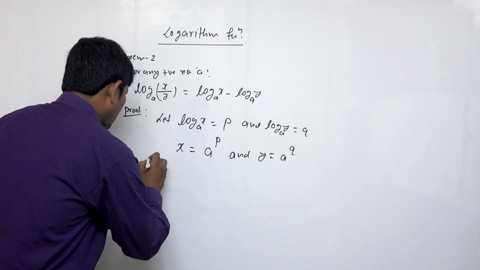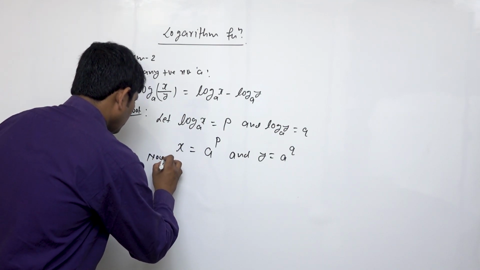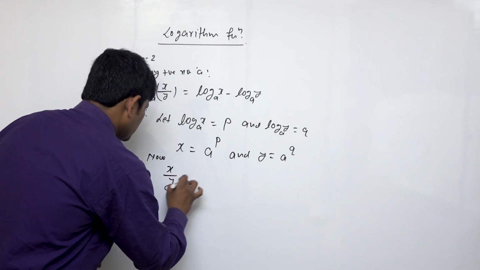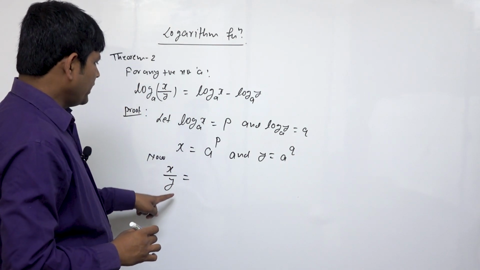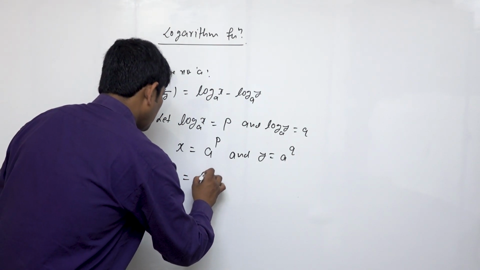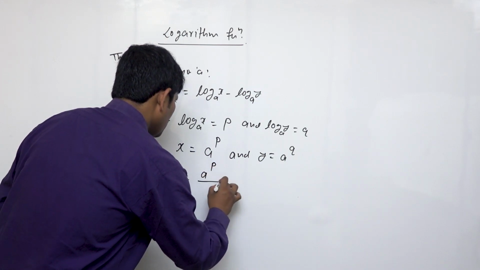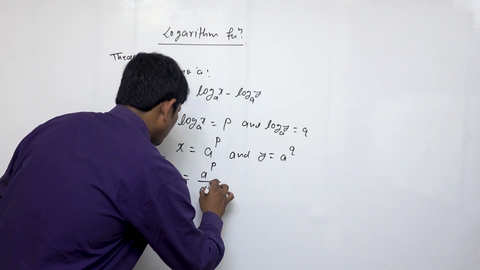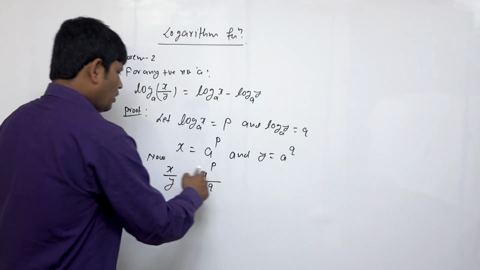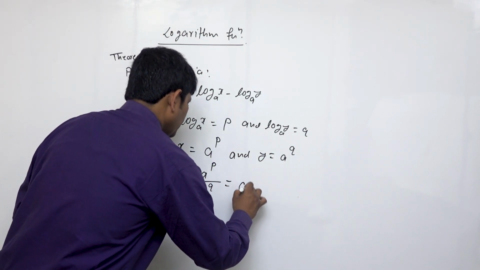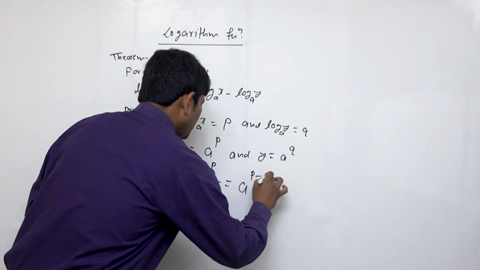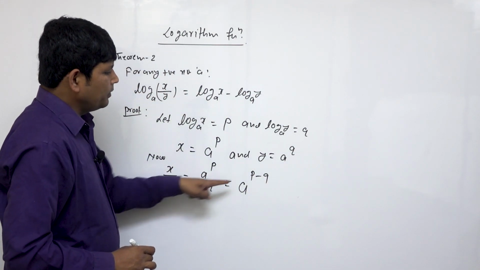So now x over y is equal to a to the power p over a to the power q. How can we simplify this? I may write a to the power p minus q: same base, powers will be subtracted.